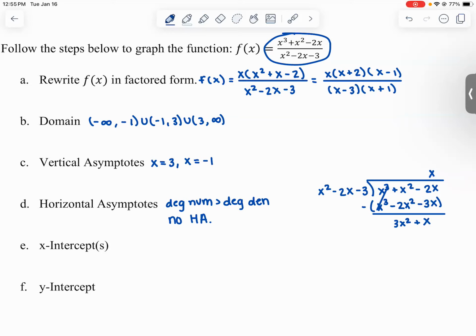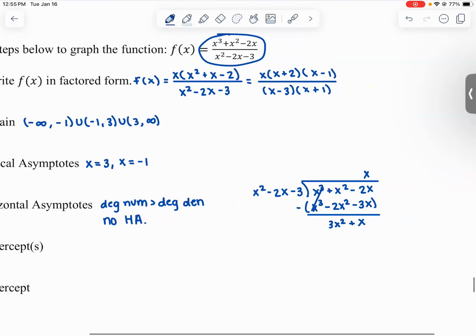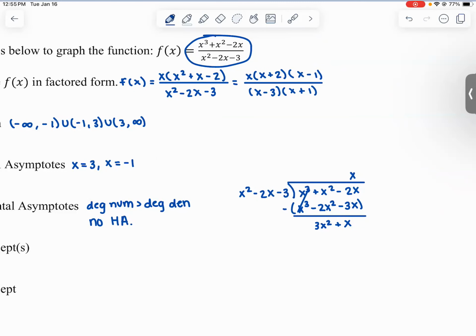So what this tells me is that if I was going to write my answer like we would for synthetic division, I would get an x plus 3x squared plus x over the divisor. You could technically do this further. Let me keep going.